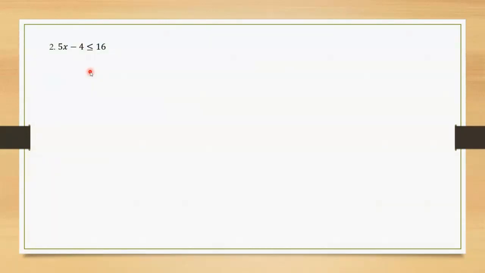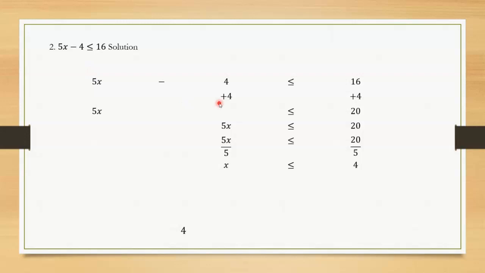You want to get x all alone somehow. So that's what I'm doing here. I'm adding 4 to both sides. Since we have a minus 4 here, I want to get the 4 out of there. Doing so, we get 5x is less than or equal to 20.